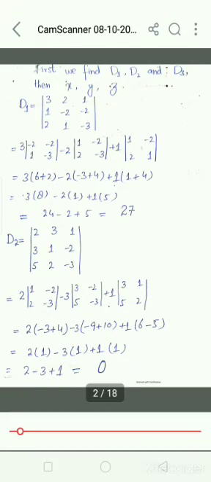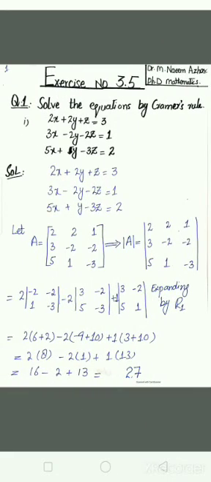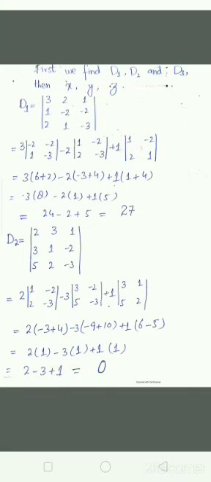Similarly we have to find the D2 and D3 determinants. So for D2 we have to replace the second column, that is 2, minus 2, 1, with the column of coefficients 3, 1, 2, and we will get the matrix 2, 3, 1; 3, 1, minus 2; 5, 2, minus 3, and we have to find the determinant of this matrix.